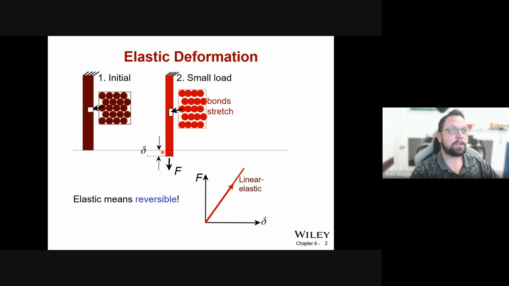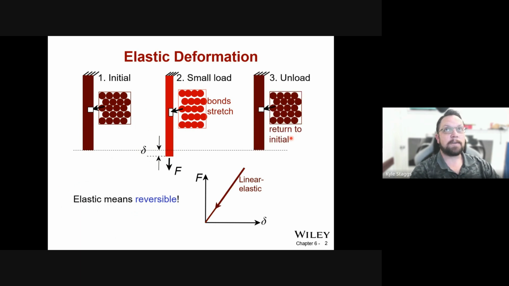We have this change in length, and what that does is gives us a linear region of elasticity, meaning that it is reversible. When you take that force away, you have a return to the initial structure. So the unloaded case looks like the loaded case.